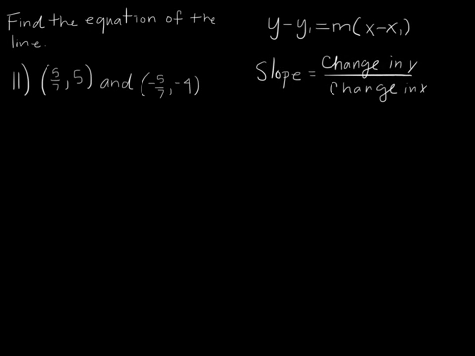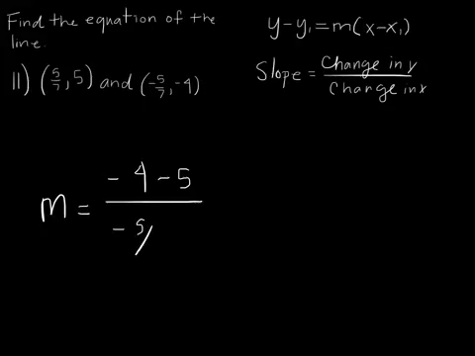So the change in y is negative 4 minus 5 over negative 5/7 minus 5/7. Remember, it's not important whether you do this y minus this y, or this y minus this y on top, as long as you match it on the bottom. So I'm doing the second point minus the first point's y value.